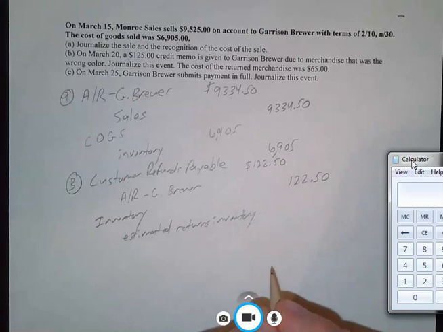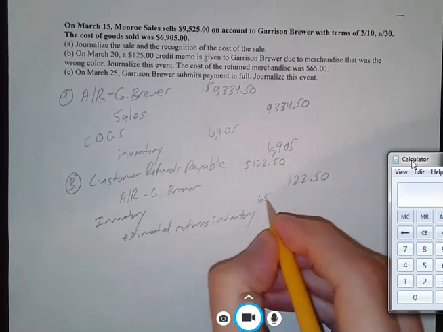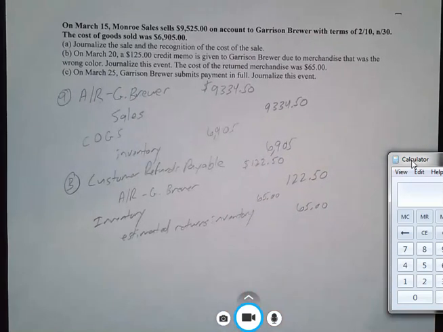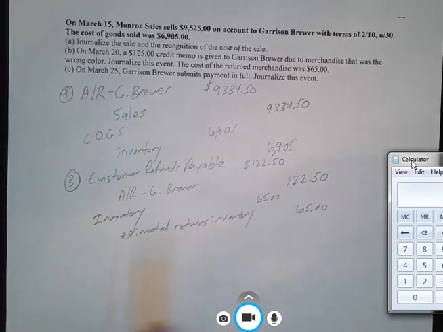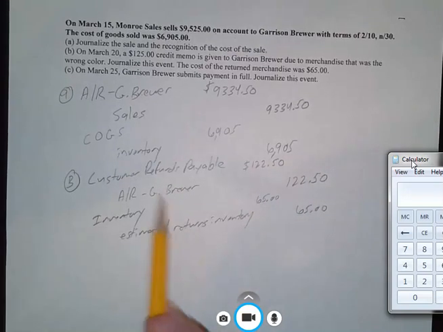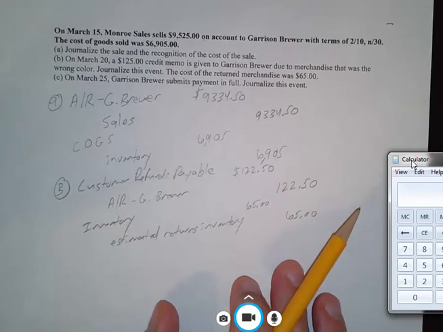Because we're dealing with cost here, we don't have to make any adjustment to that. $65 and $65. I do realize that my lines are not exactly straight. With my setup, I have to reach quite a ways to fill this paper out, so I do apologize for that. But this fulfills everything that we have to do for requirement B.